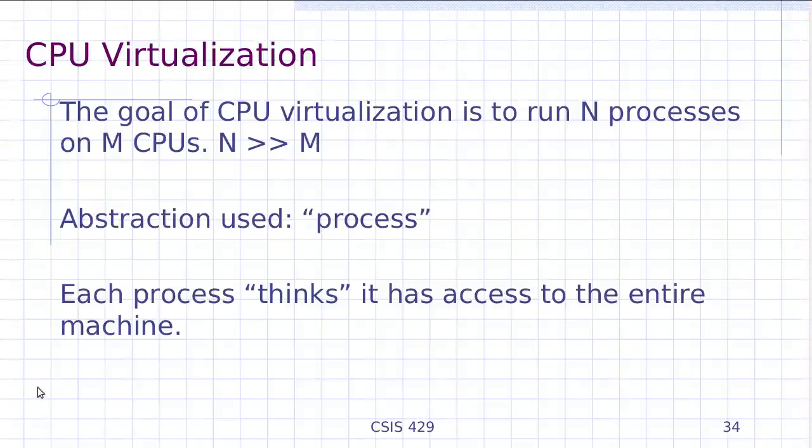They're really important. So let's take a step back and take a look at CPU virtualization. The goal of CPU virtualization as far as the operating system is concerned is to run multiple processes, like n processes, on m CPUs, where the number of CPUs m is smaller than the number of processes in general. Okay, so that's actually pretty much always happening.